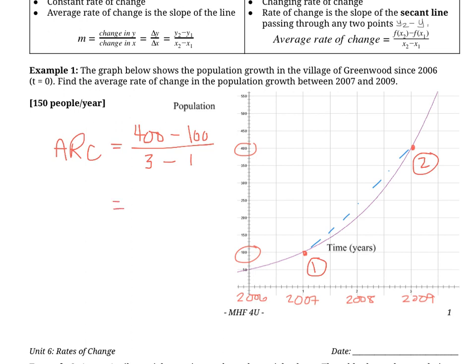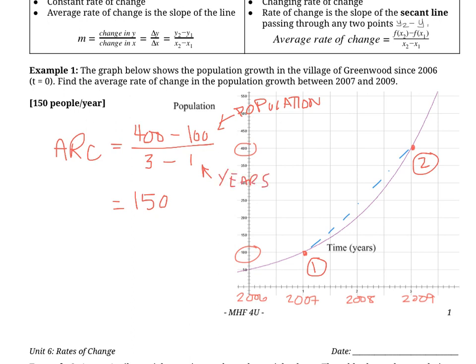So if we plug this into our calculator, we can find that basically it's going to be 300 over 2, which is 150, right? That's going to be our average rate of change. Now we should include units as well. The top part of the equation was our population, how our population changed. And the bottom part was our time, or our years.